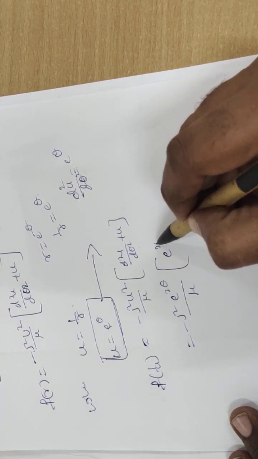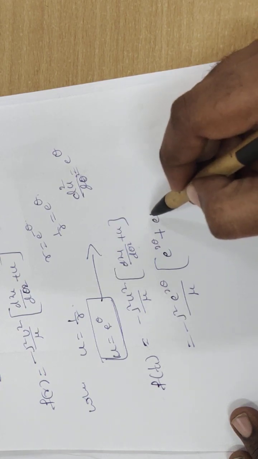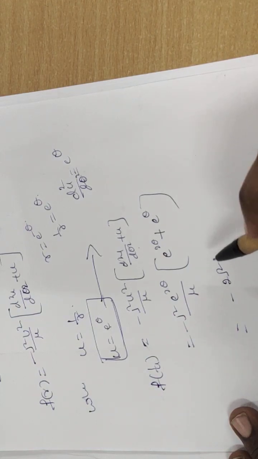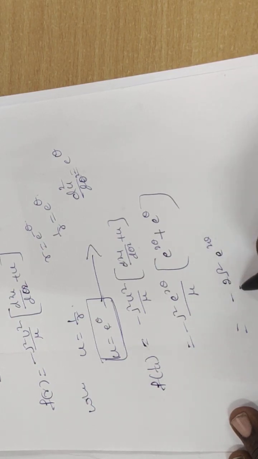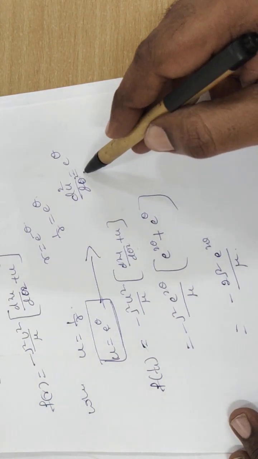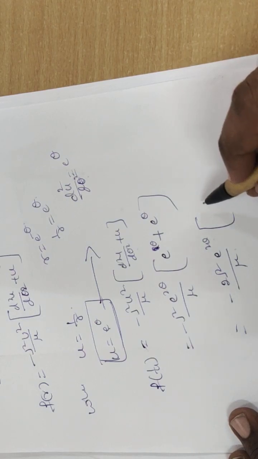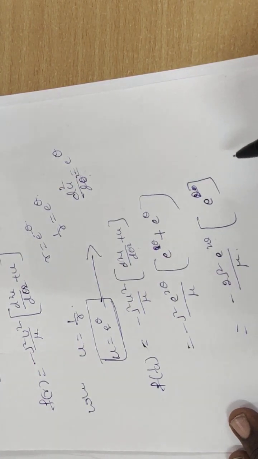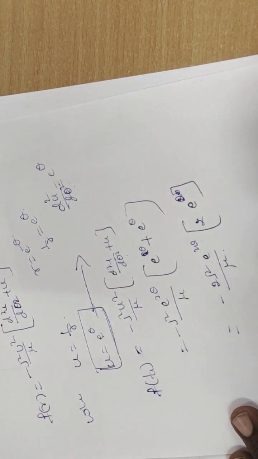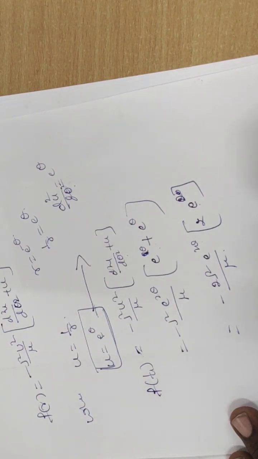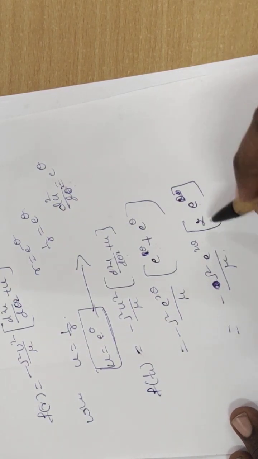So therefore e power 2 theta times, d squared u by d theta squared plus u, which is e power theta plus e power theta, which equals 2 into e power theta.